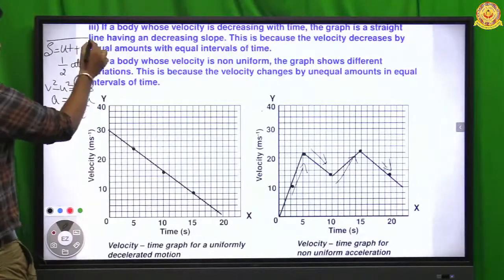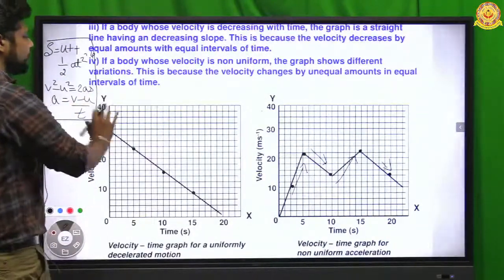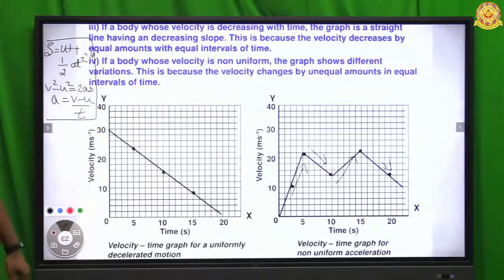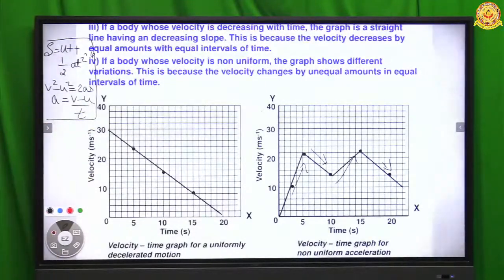In the next live class, we'll discuss how we can depict these three equations of motion using our velocity time graph. Whatever graphs we have understood today, we'll derive these three equations of motion by the graph, and we'll discuss some questions, some numericals related to these graphs, okay.